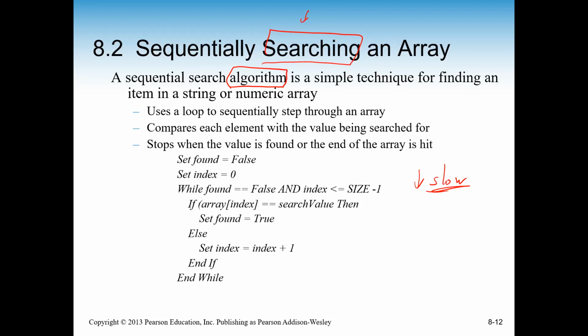So a sequential search algorithm is a simple technique for finding an item in a string or a numerical array. And usually it does involve a loop of some kind. It uses a loop to sequentially step through an array. It compares each element with the value being searched, and as you might imagine, that can get very inefficient if you have a really large array.